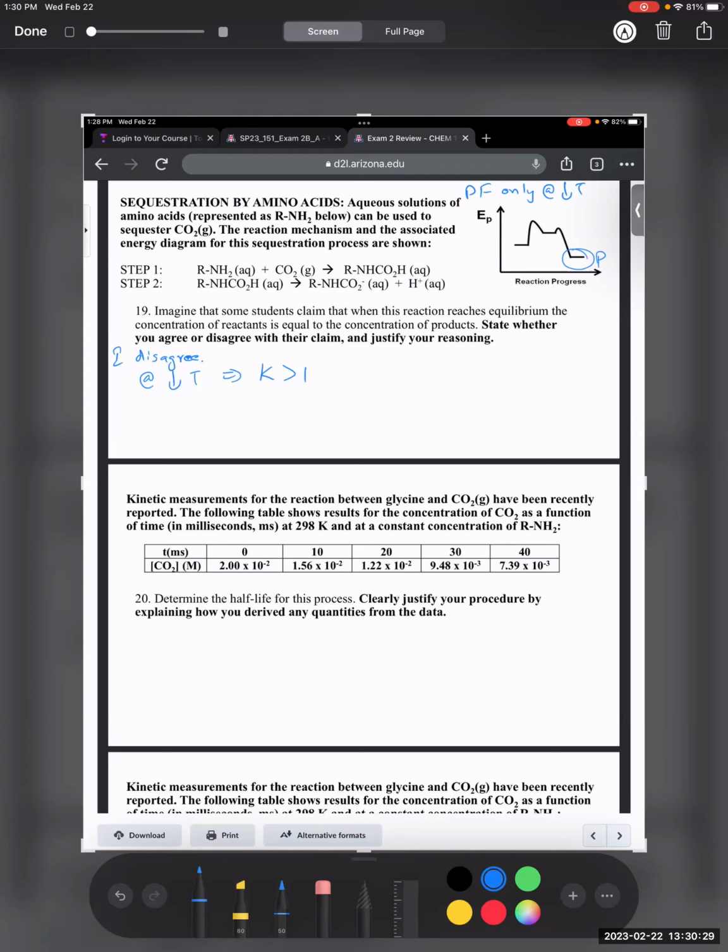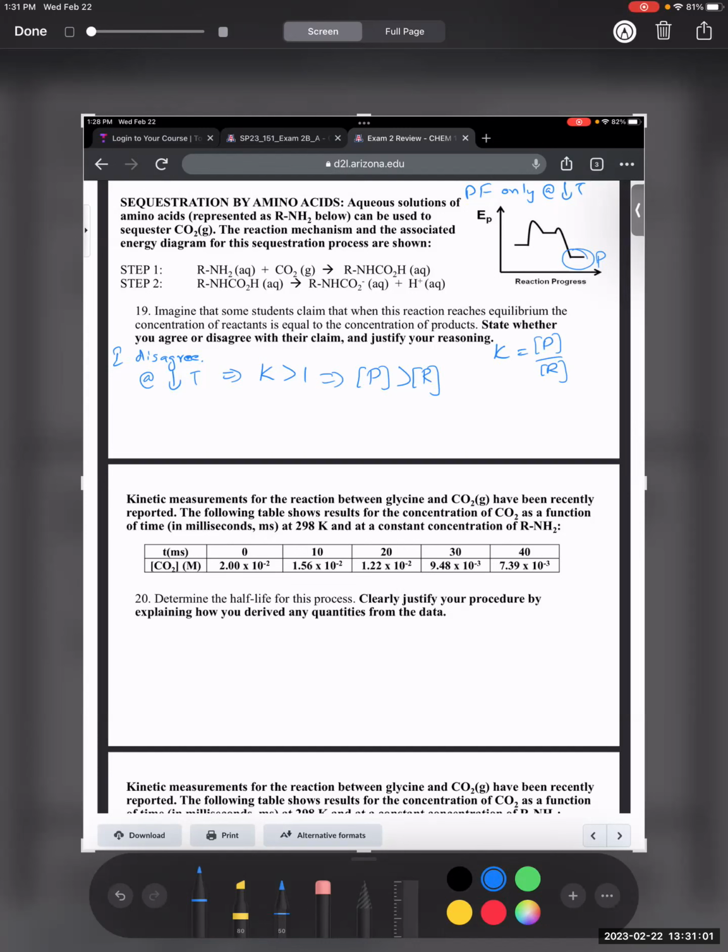And we know K is equal to product concentrations over reactant concentrations. If K is greater than 1, then its product concentration should be greater than the reactant concentration. Okay, so that should do it technically. That should justify why I disagree.